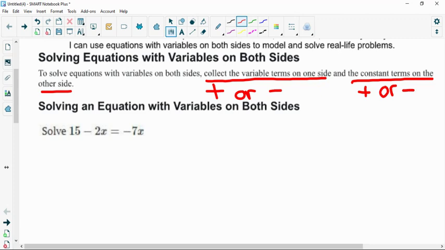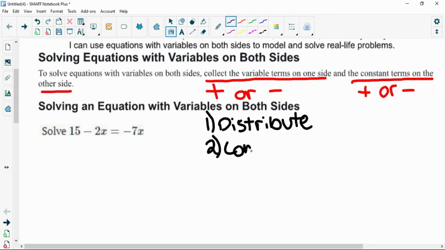In a previous video, I had introduced the idea that equations can have upwards of 5 steps for our class. First one was to distribute. Second was to combine like terms.